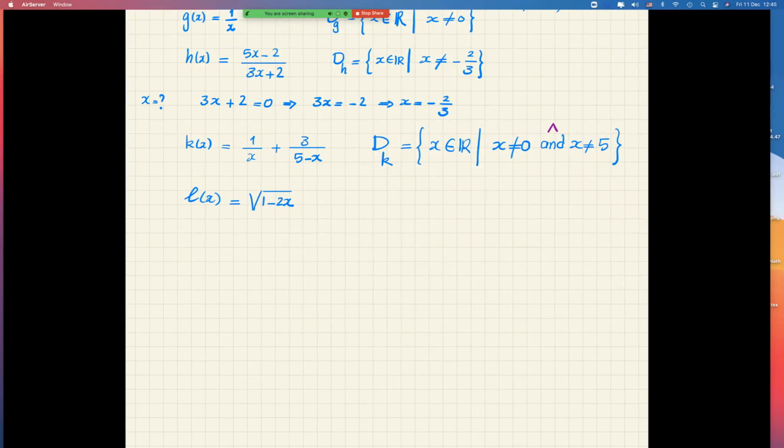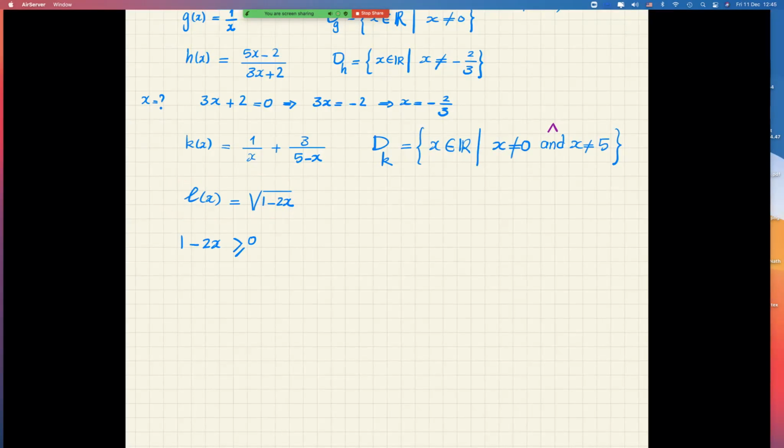I am not allowed to put a negative number below the square root sign. So if this function is supposed to be defined, the expression under the square root sign shouldn't be negative. So this number should be positive, or minimally it can be equal to 0, but not less.